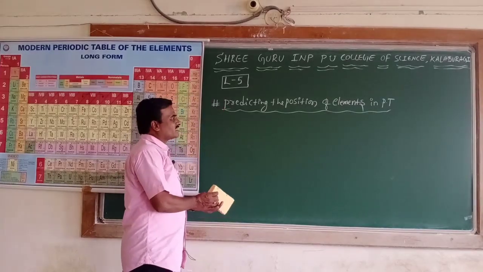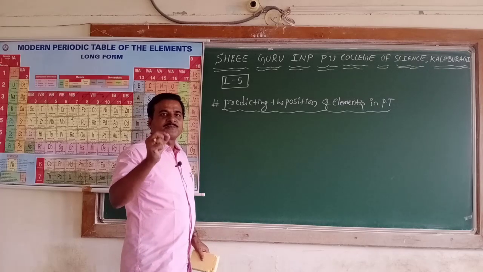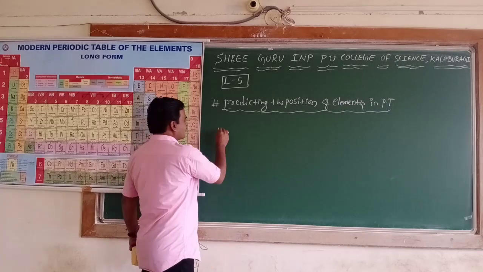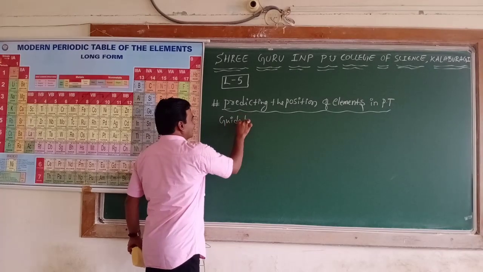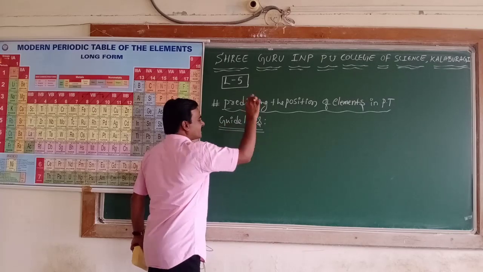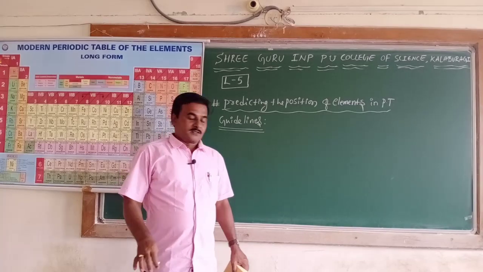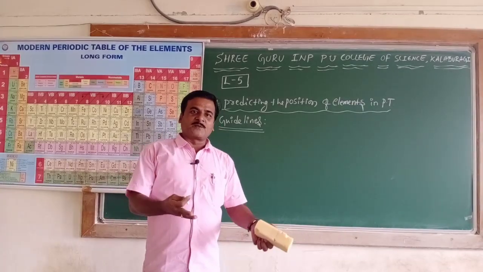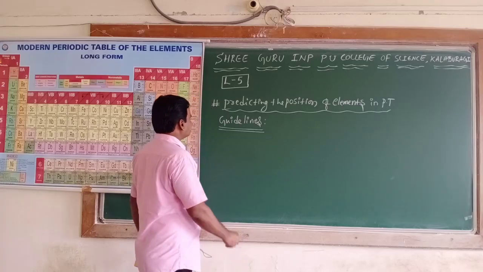So what are the guidelines in getting the period, block and group number of a particular element? The guidelines in predicting the position of an element in the periodic table. It may be an S block element, P block element, D or F block element. It may be any element.